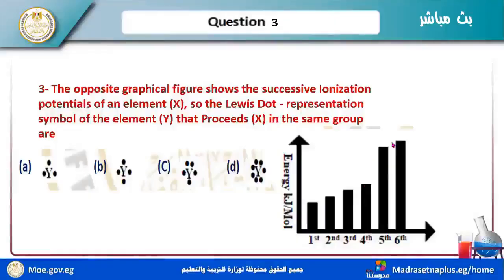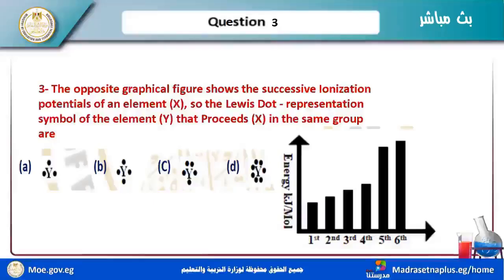This jump tells us it is very hard to remove the fifth electron, because it needs very high energy to break a complete sublevel or complete main level.